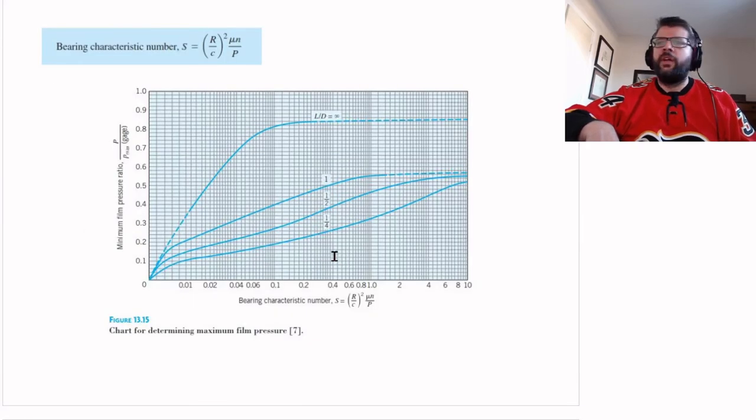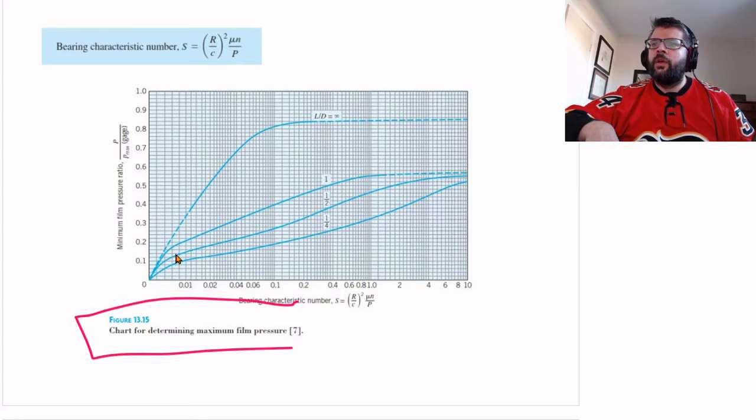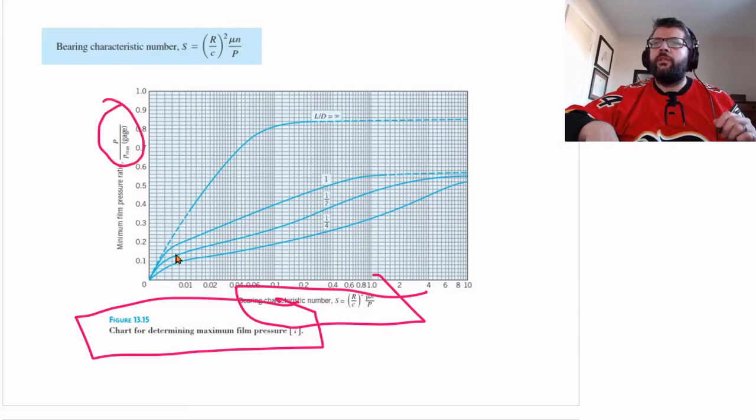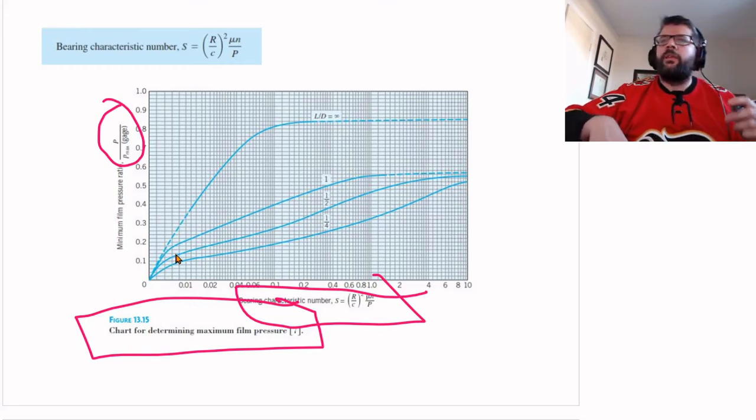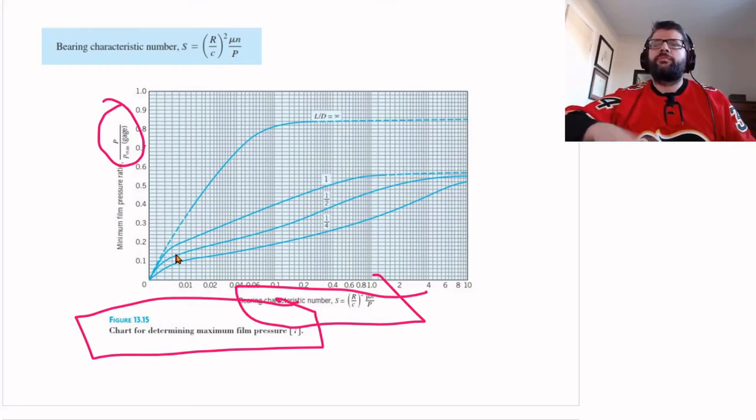Next up, the maximum film pressure. That's given as a function of the bearing pressure, our p-value, divided by the maximum pressure that we see in the fluid.